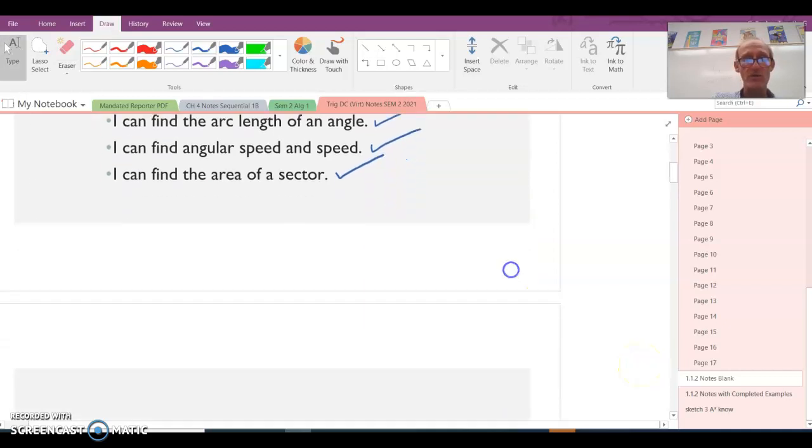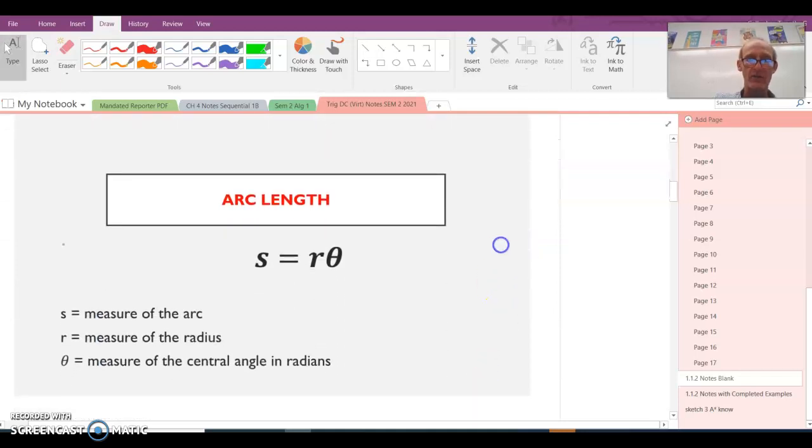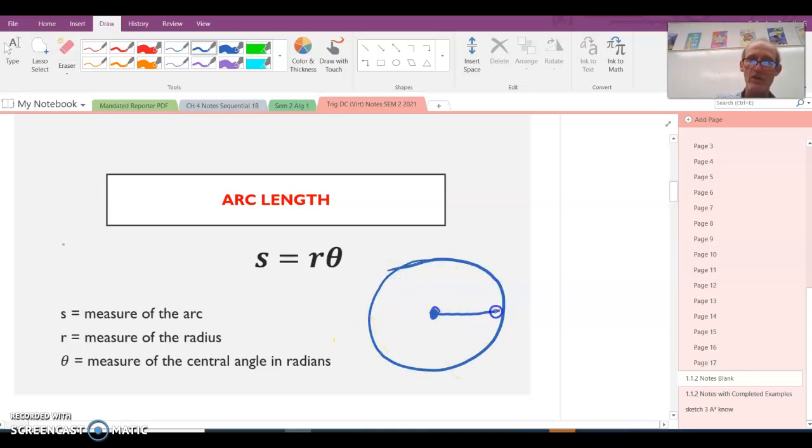We're going to, first of all, take a look at an arc length. An arc length is the length of the arc created when you have one side of an angle and the other side of an angle in a circle, where this length is the radius, this length is also the radius, and this is my angle theta.